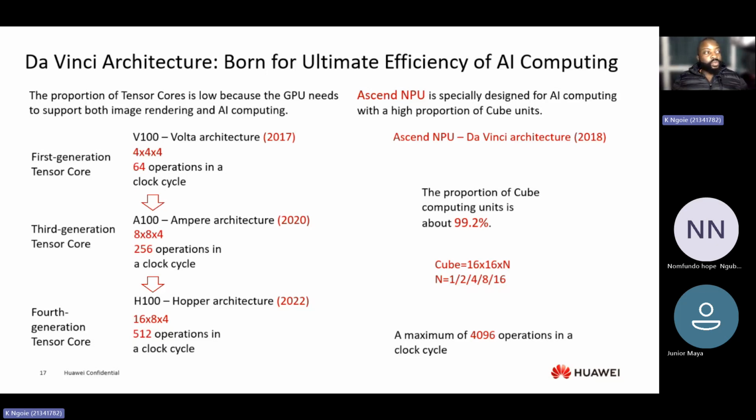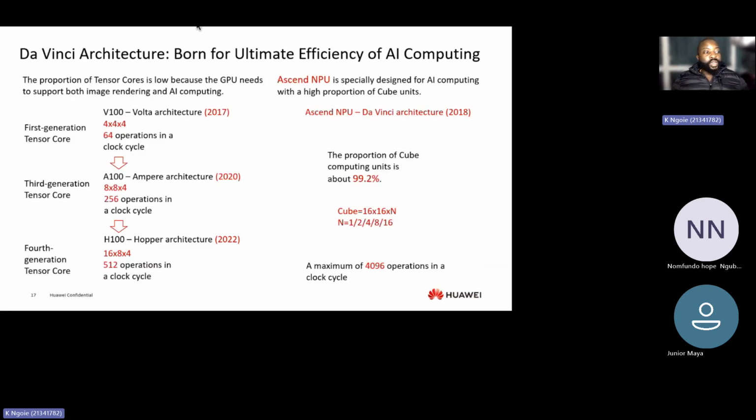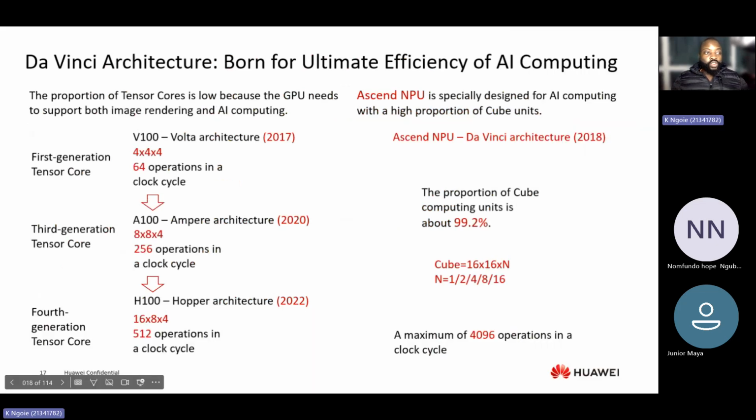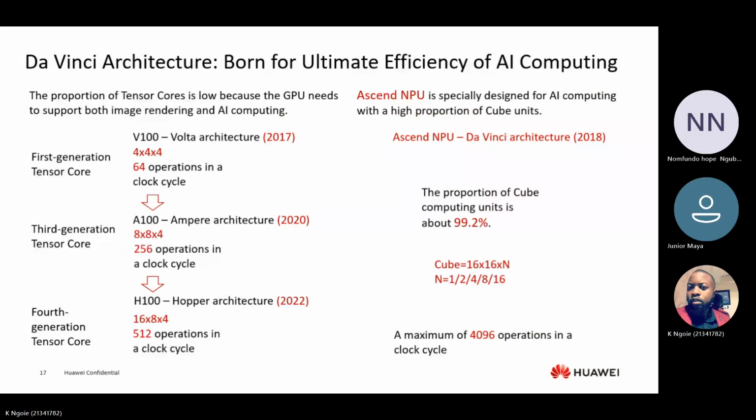Those are the units that are used when we are training our model or when we are using our model on different devices. For example, on your phone, you have your NPU, the neural processing unit.